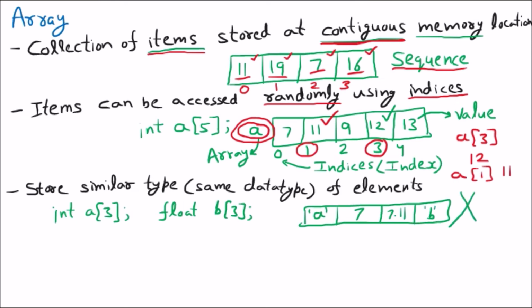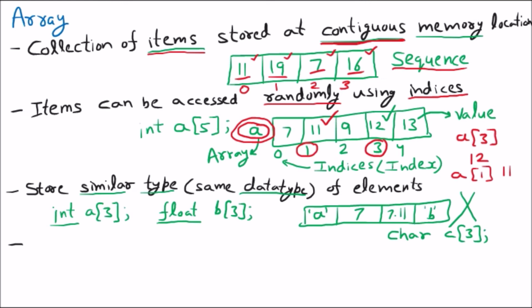It is not possible because it can only take the similar data type, means all the values should have the same data type. That means if I talk about a[3], all the integer values can be there, or all the float values, or even all the character values, and for that we can declare char c[3], means three character values can be taken all together.